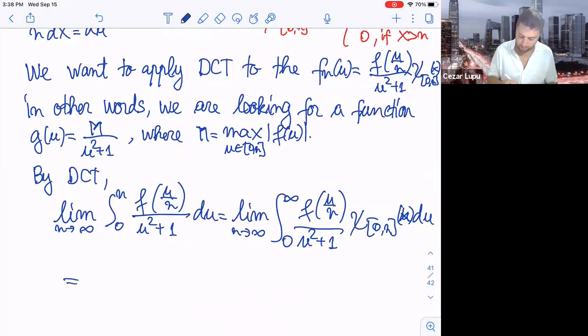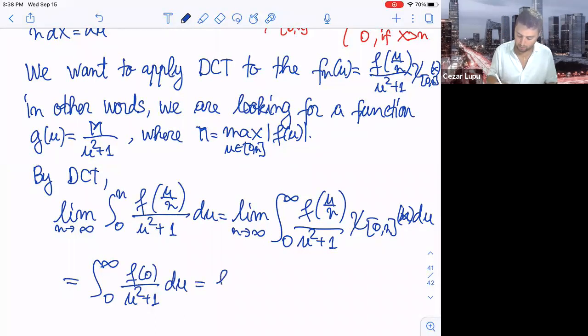And this will be the integral from 0 to infinity of the limit inside, which will be f of 0, f is continuous. So it will be f of 0 over u squared plus 1 du.